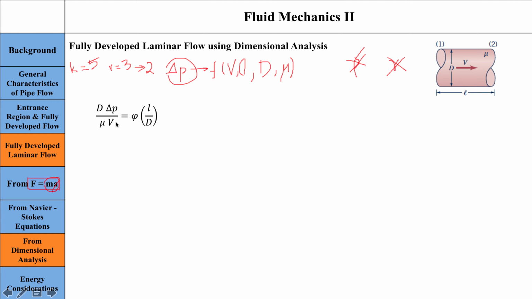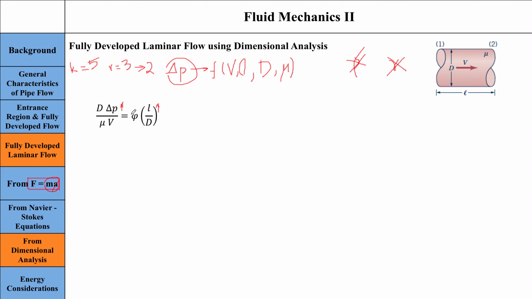Now just by looking at this equation and this pipe flow here, I can assume that the pressure drop here is proportional to the pipe length. What that means is that as the pipe length increases, the pressure drop is going to increase as well. Okay, that sounds reasonable.